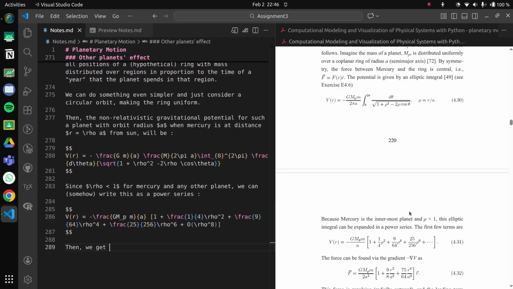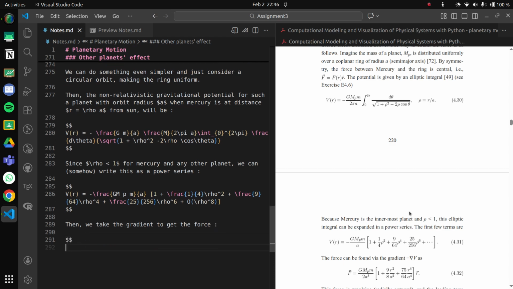We get the force, we take the gradient to get the force. So all we really have to change is the acceleration, but it's fine. So it's just a fraction and then the acceleration.